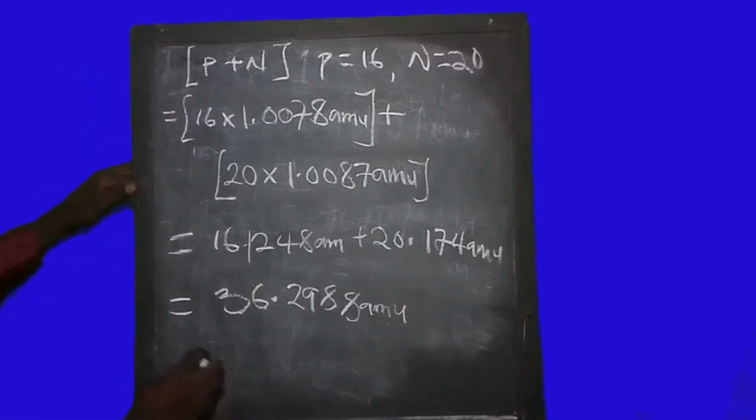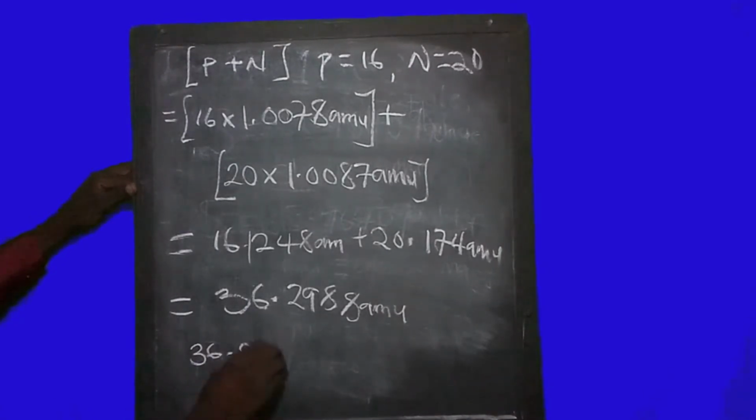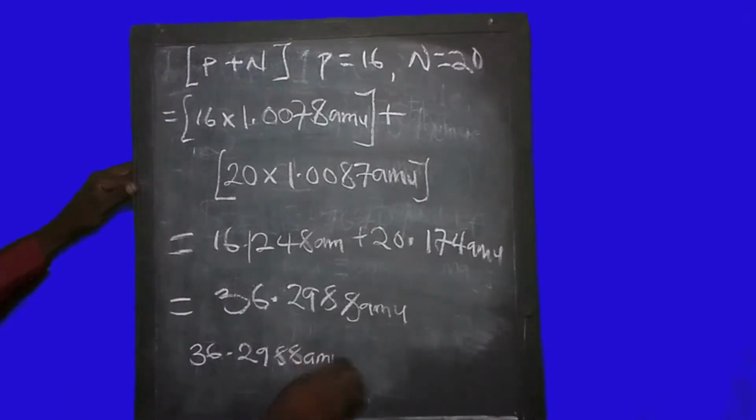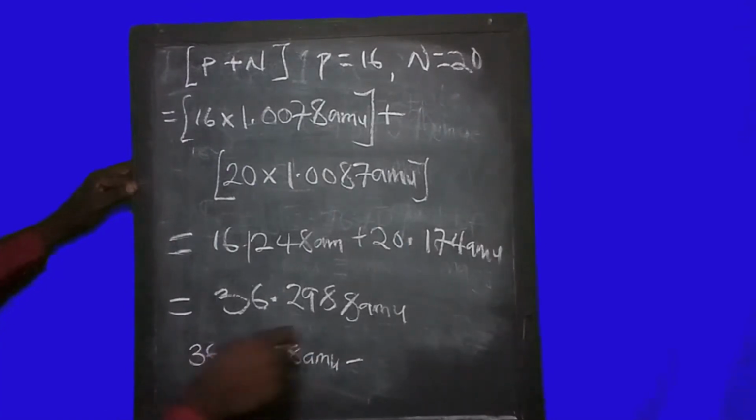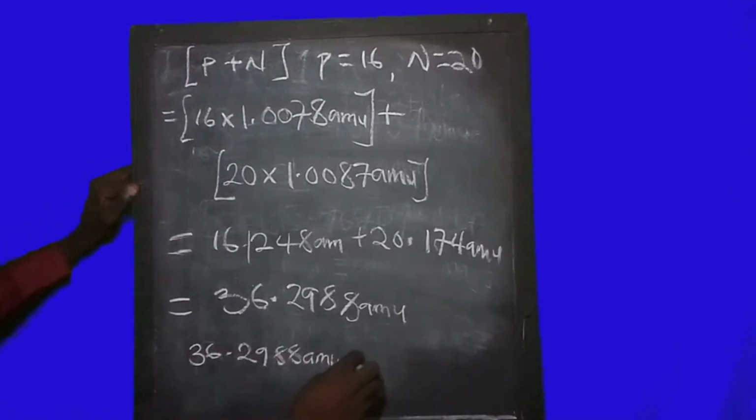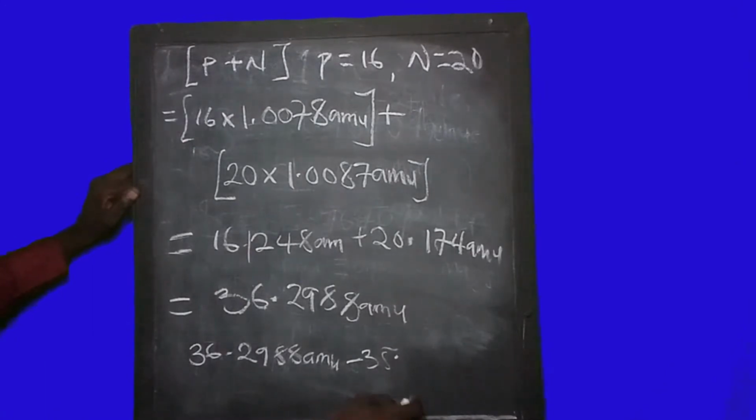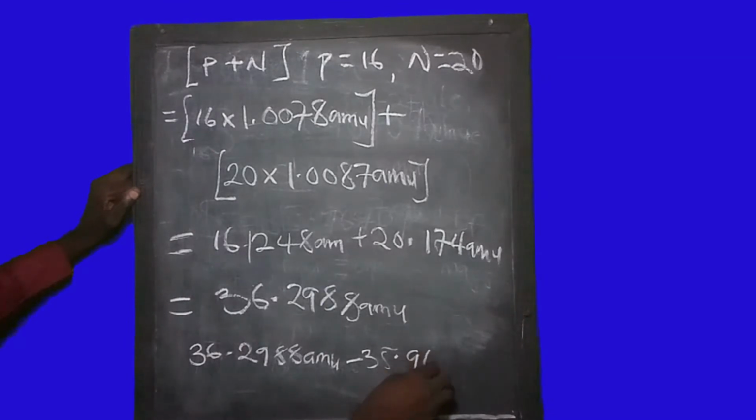So we are going to say 36.2988 AMU minus 35.96709 AMU.